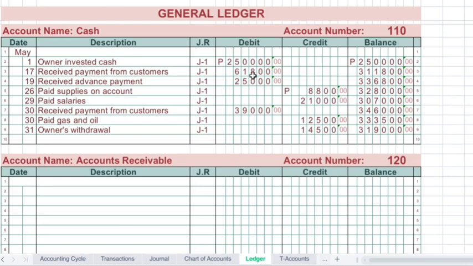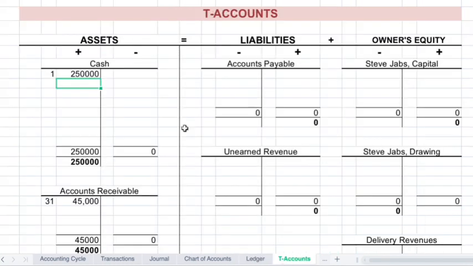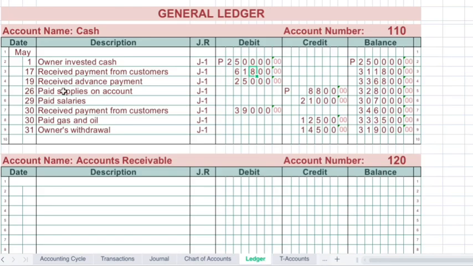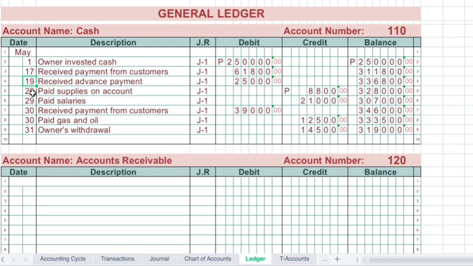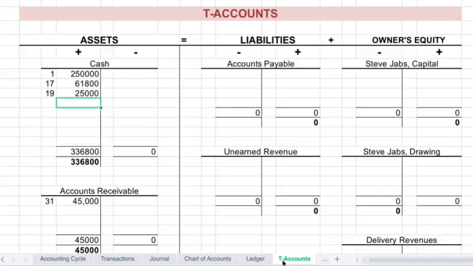May 17, 61,800 debit. Okay, May 19, we have 25,000 debit. May 26, we have 8,800 credit.